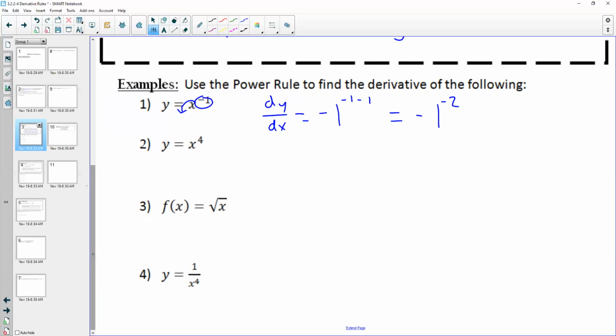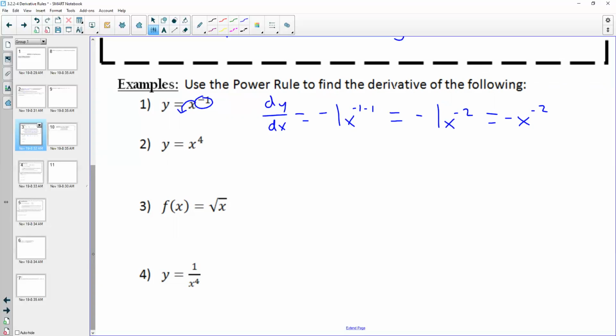Okay, and don't let me forget the x here. So that exponent belongs to the x. Okay, we can simplify this a little bit. We'll just get rid of that -1, so we'll have -x to the exponent -2.